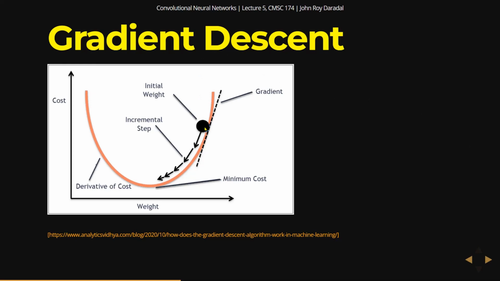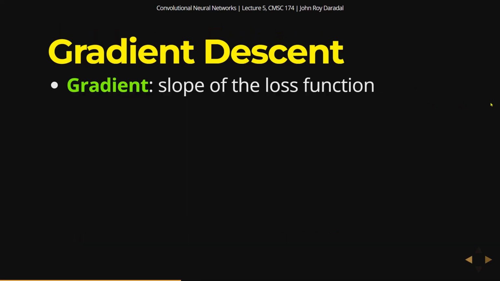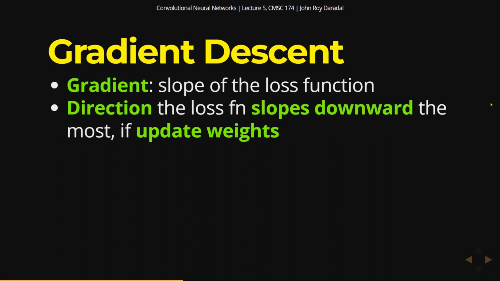But what we're doing for gradient descent is we're trying to find this gradient here, which is the slope of the line. The gradient is the slope of the loss function. So we're trying to find the direction that the loss function slopes downward the most if we update the weights.